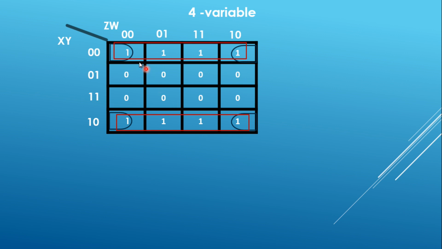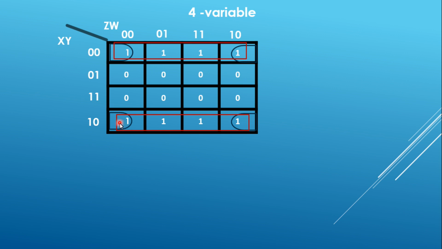In this 4 variable map, you see what is happening. These 4 ones and these 4 ones, the first row ones and the bottom row ones, can be combined together because the map is folded on the horizontal line. So all the 8 ones can be put together. Correct? So it is better to go for an octet, all the 8 ones in a single group.